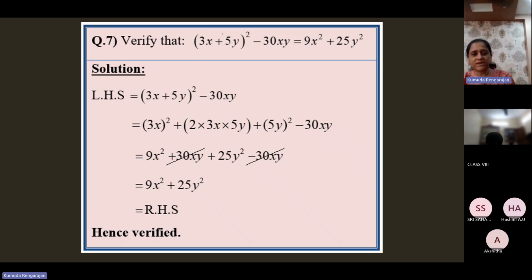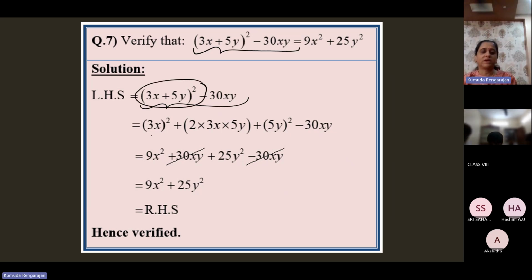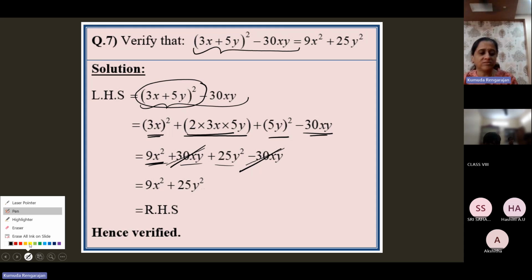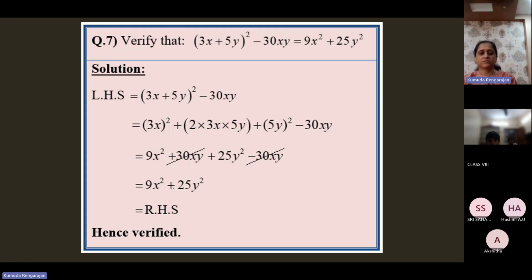So verification is: take up the LHS, see. So what do you do with this? Expand a squared plus 2ab plus b squared, minus 30xy as it is. Then simplify: minus 30xy plus 30xy gets cancelled and you're left with 9x squared plus 25y squared. That's a simplified form of the LHS. Now what's the RHS? Same thing.